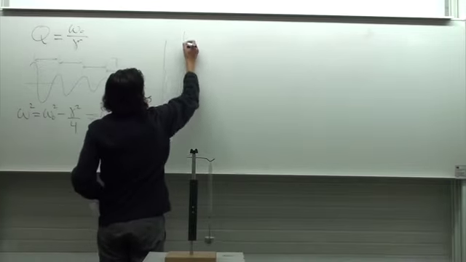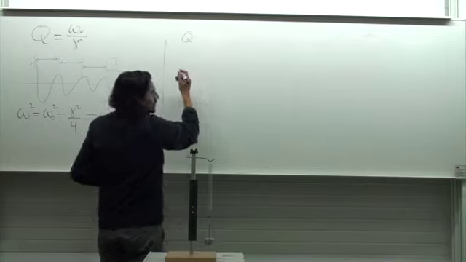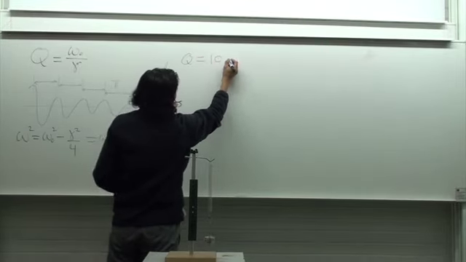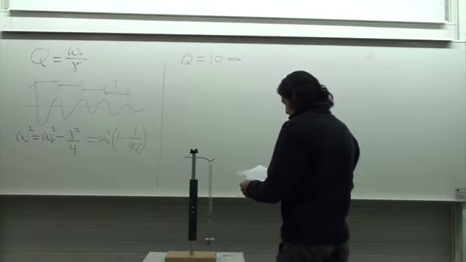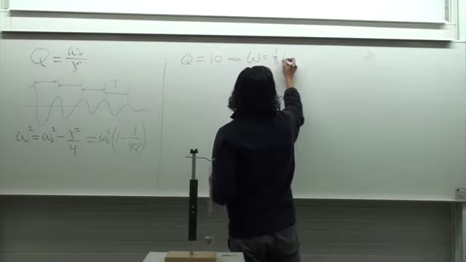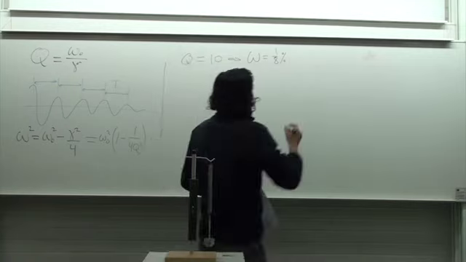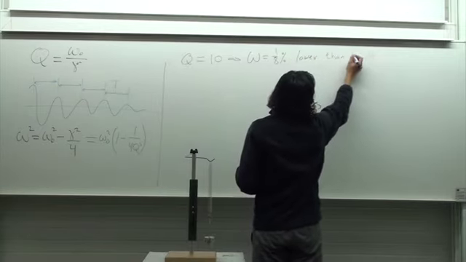If we have a system with Q equal 10, that would give an omega which is 1/8% lower than omega 0.